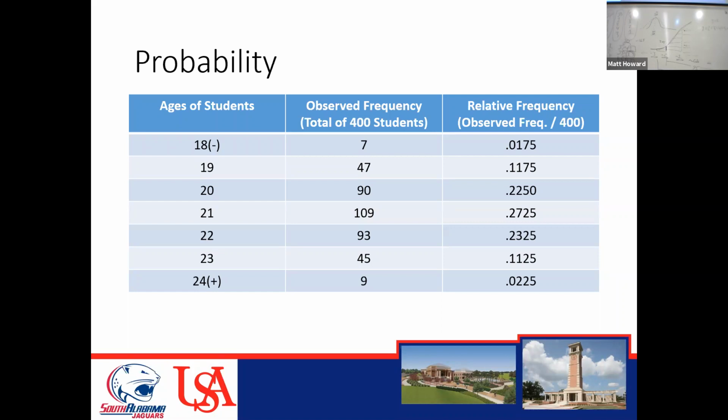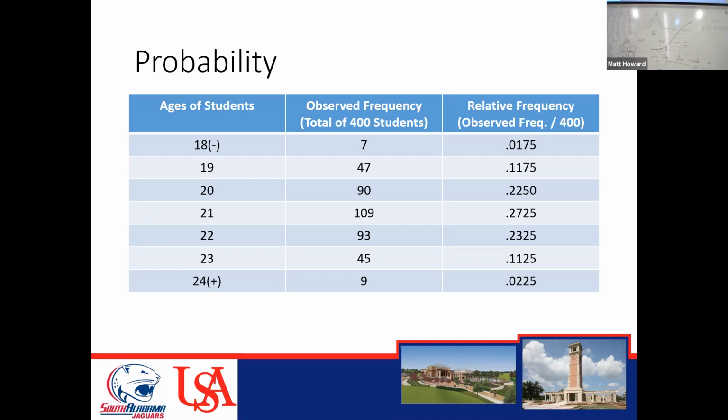In our sample of 400 students from all across campus, we might have 47 that are 19. So we take 47 divided by the total sample size, which is 400. 47 divided by 400 is roughly 12%. So if we were to take a random student on campus, there would be a roughly 12% chance that they would be 19. Does that make sense?